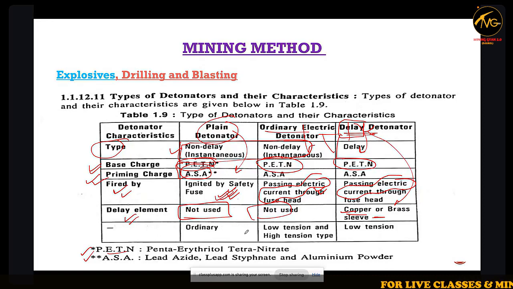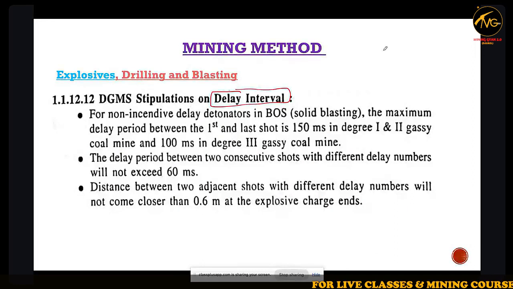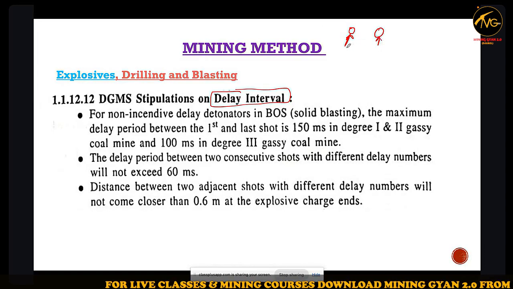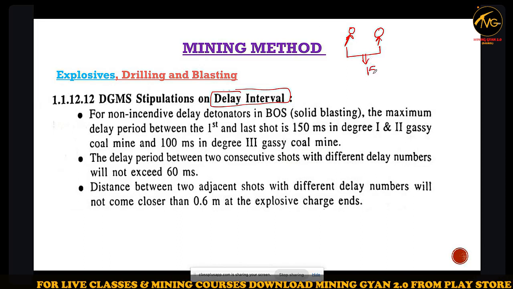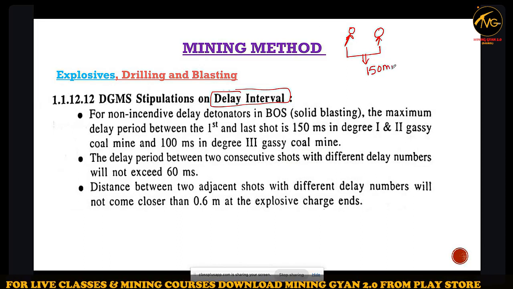Then I told you to mug up or remember this delay interval point if they ask us, because AK Gorai mentioned. So if we are using the first delay detonator and the last delay detonator, if they blast, their interval should not be more than 150 millisecond in degree 2 and degree 1.